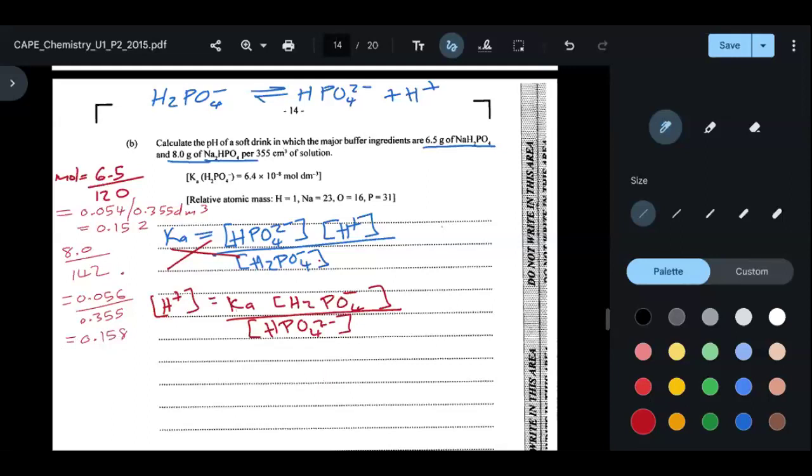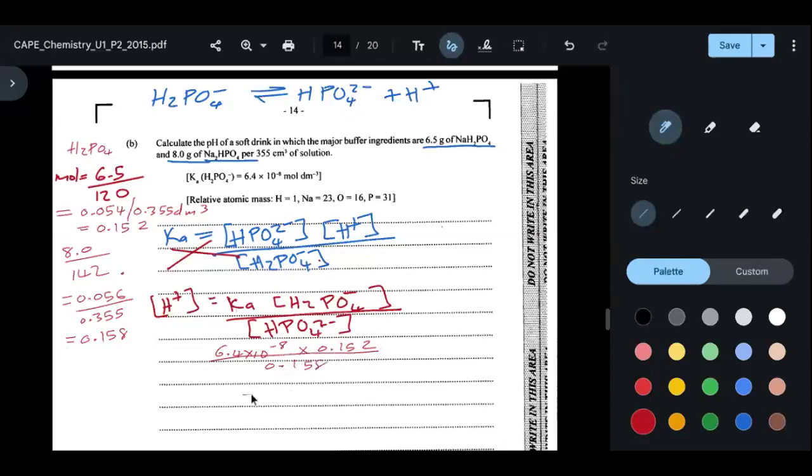So we can go ahead now and plug them into the equation. Ka is 6.4 times 10 to the minus 8, times 0.152 divided by 0.158.